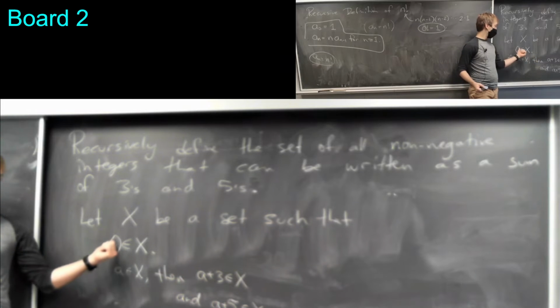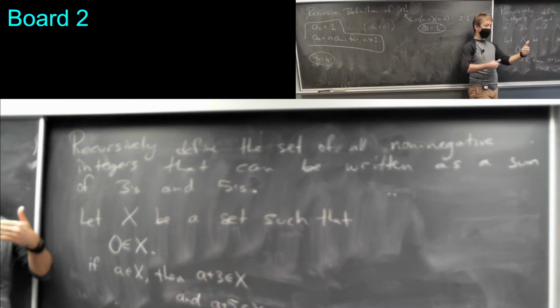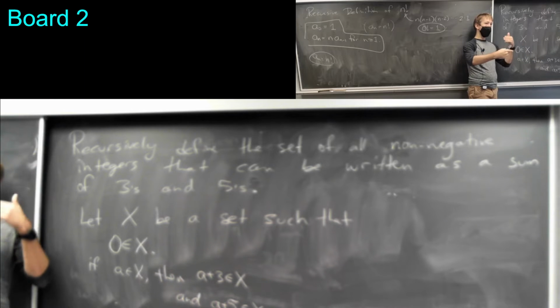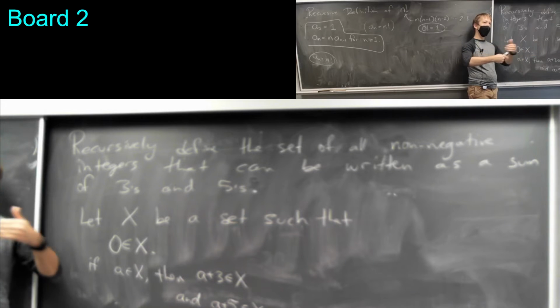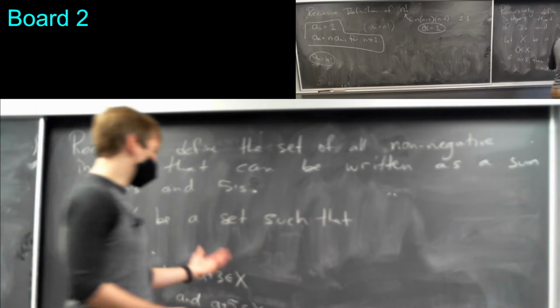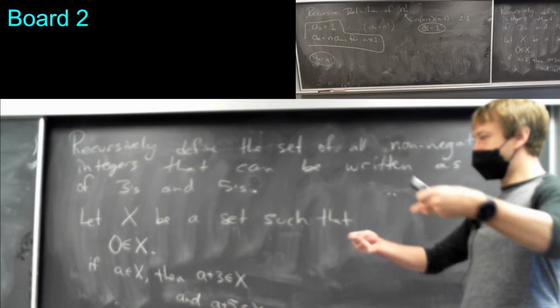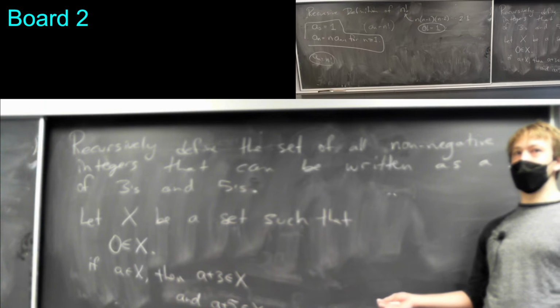Because you've got the first case, which is 0, and then you have 0 plus 3 and 0 plus 5. You then have 3 plus 3 and 3 plus 5 and 5 plus 3 and 5 plus 5, and all the different combinations of 3s and 5s will end up being in X. So if you generate X recursively in this way, it will contain all the numbers that can be written as sums of 3s and 5s.